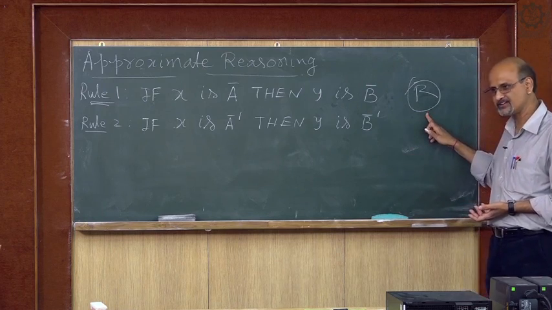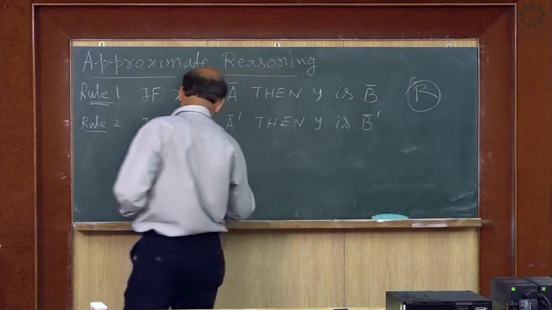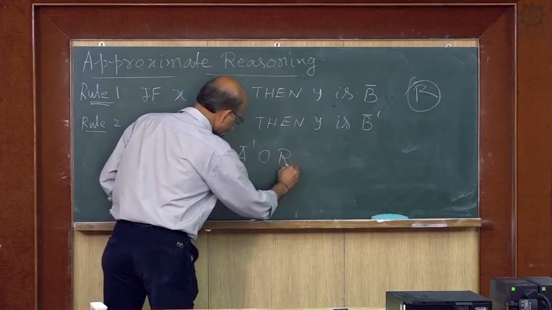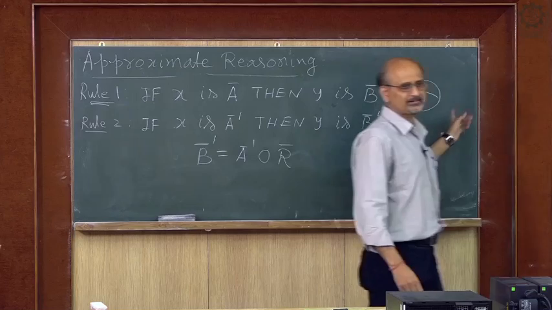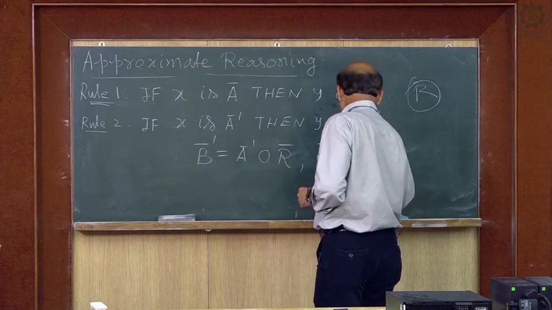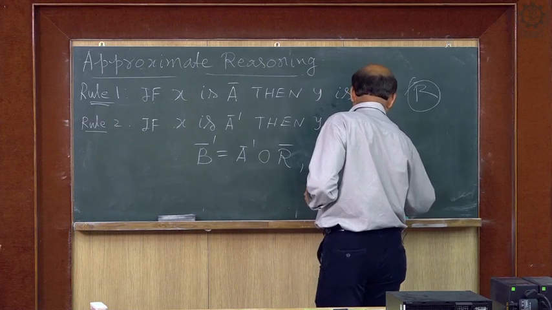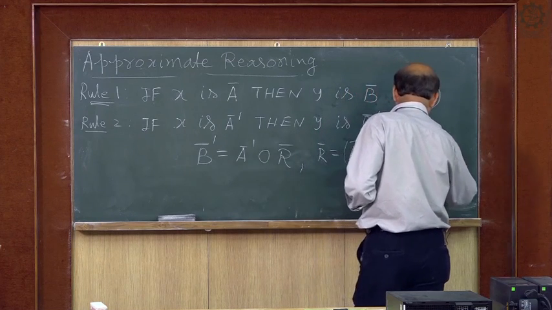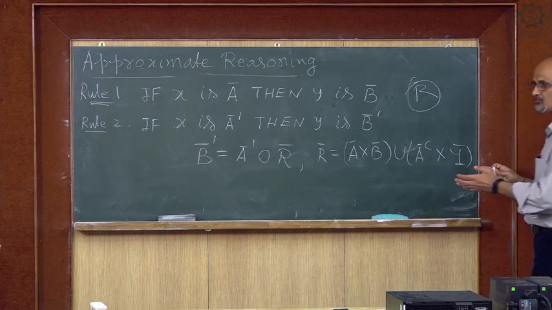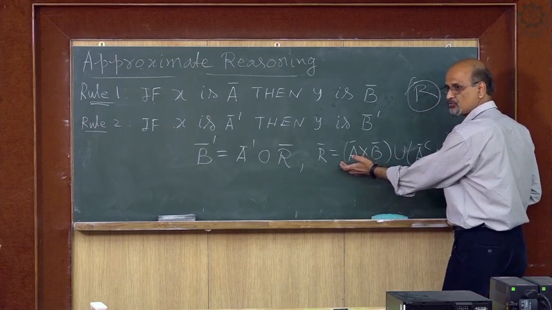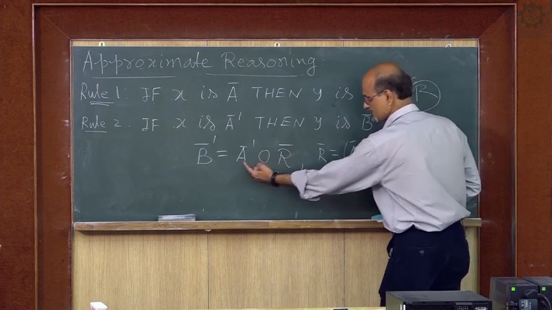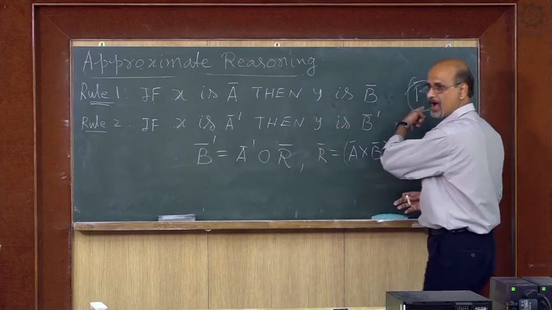Composition means you have a relation, so B bar dash is equal to A bar dash composition R bar, where this R bar is from rule 1, A bar cross B bar union A bar complement cross Y bar. So we are using the information of rule 1 and finding the consequent B bar dash using A bar dash composition with R bar.